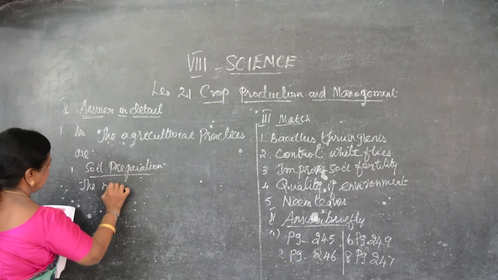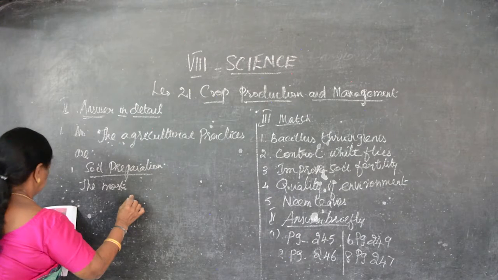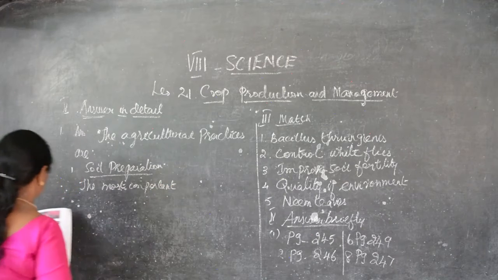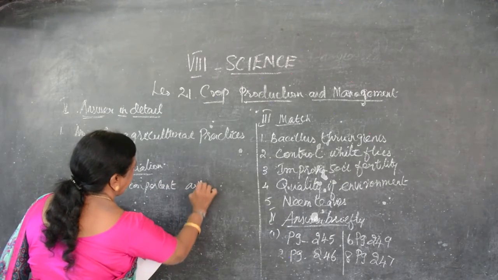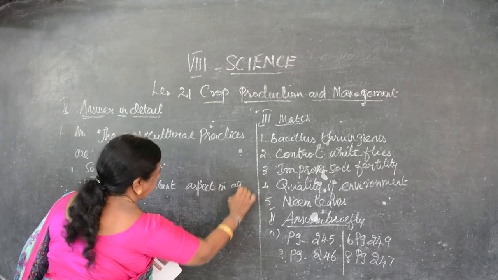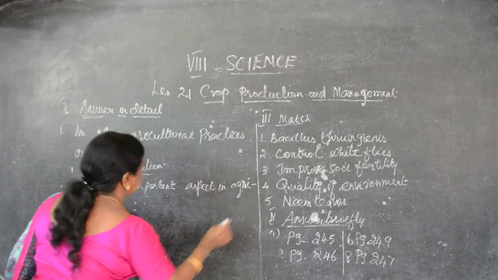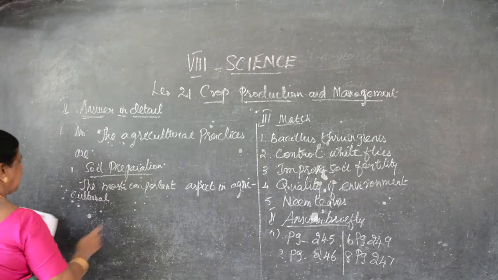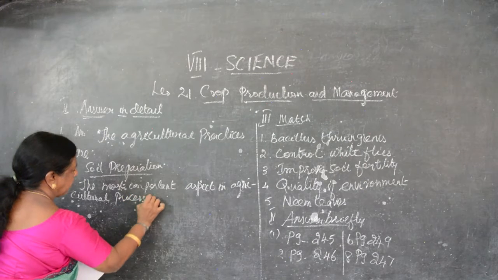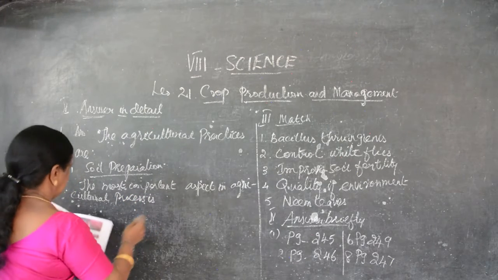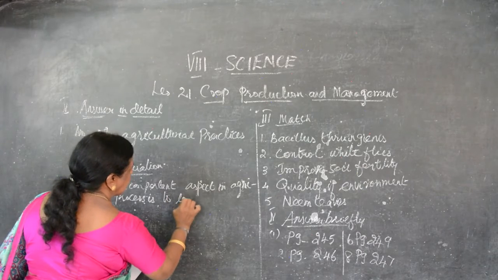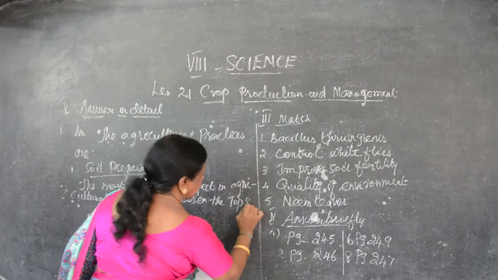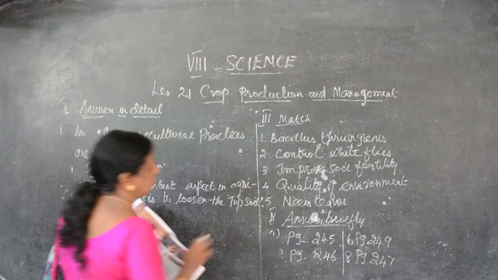The most important aspect in agricultural processes is to loosen the topsoil. Full stop. Okay.